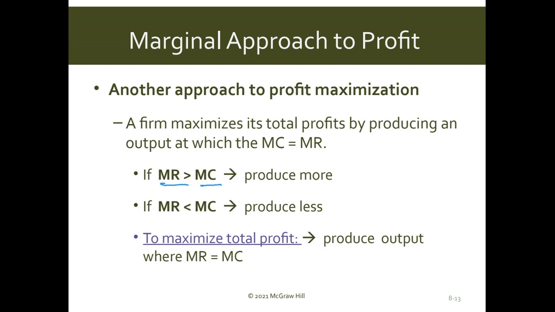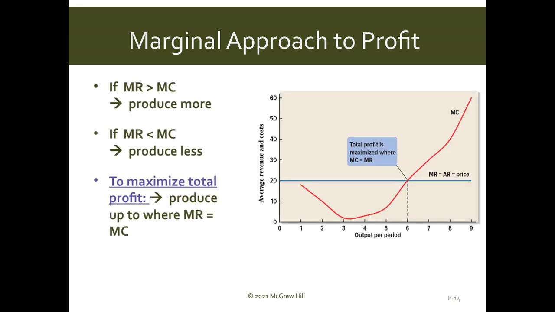If your marginal revenue is less than marginal cost, say on the additional unit you make $10, but your cost of producing that additional unit is $11, why would you sell it? So you reduce your production and produce less. To maximize total profit, produce output where marginal revenue is equal to marginal cost. That is the rule. Always remember, and this rule is applicable in all market structures.